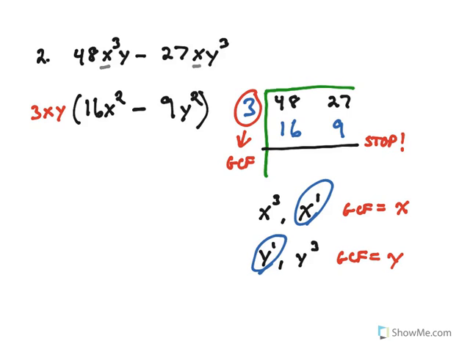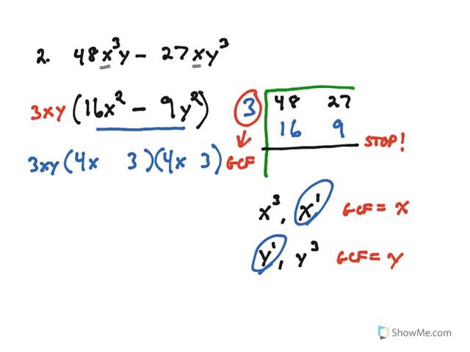Now I want you to examine this. This looks like the difference of two perfect squares, doesn't it? 16 and 9. So basically we have 3xy, which we factored out. And now we can go ahead and fill in our parentheses. What times what is 16? 4. What times what is x squared? x. What times what is 9?